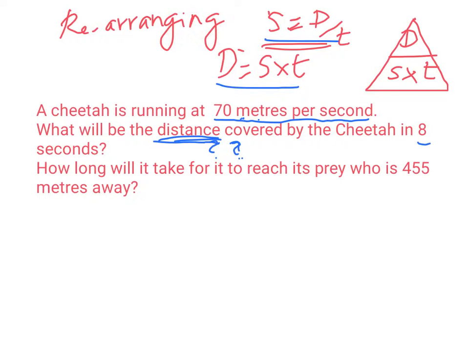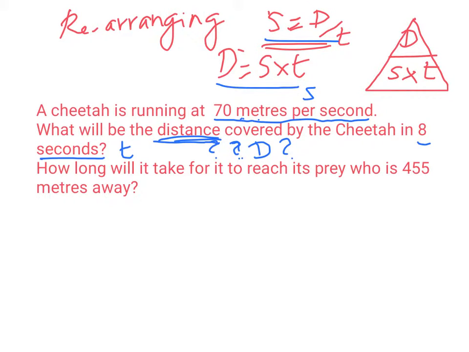Okay, so in 8 seconds, the time is given here, and distance is being asked. So distance is the question, time is given. You've also got the speed given. So if you want to find out the distance traveled, you can hide that, or you can rearrange this equation: speed times time.